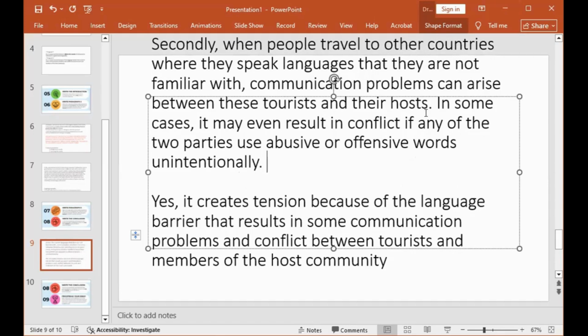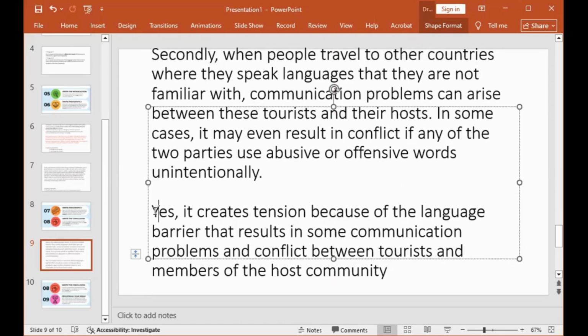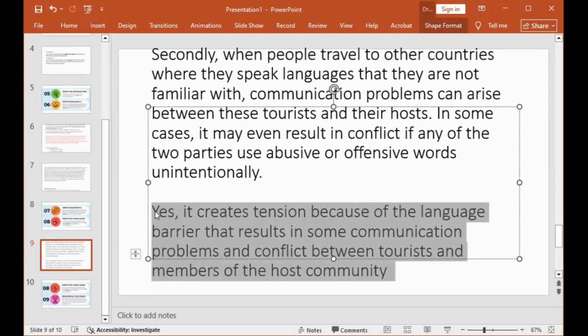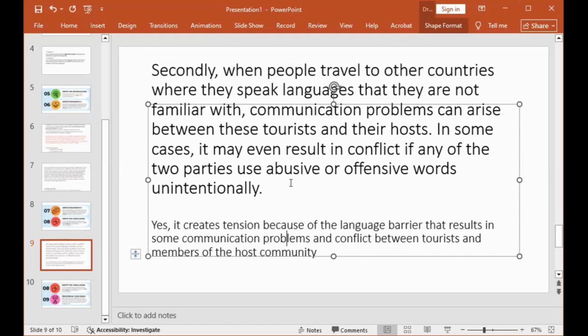Okay? So, language issue. It creates tension because of the language barrier. And this language barrier results in communication problems and conflict between tourists and the members of the host community. Okay? So that's our paragraph 3.